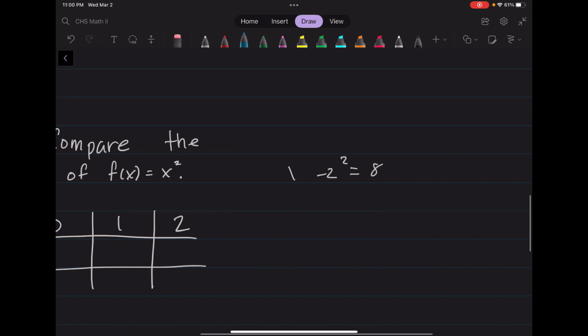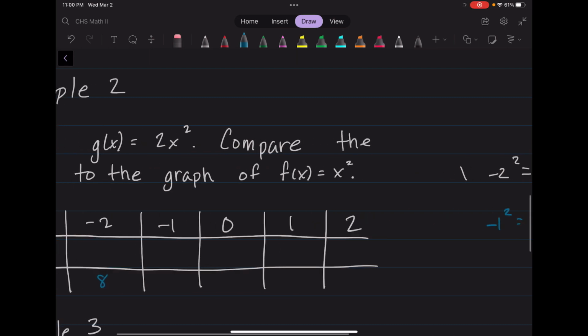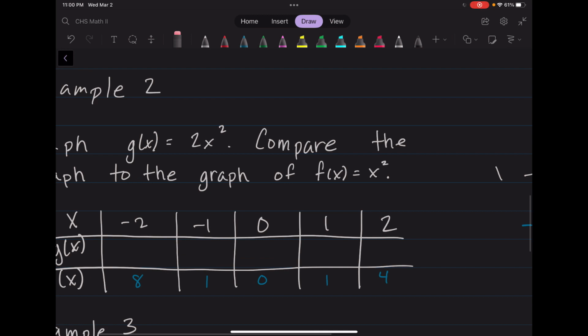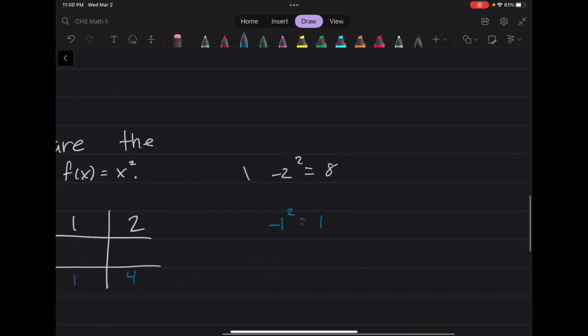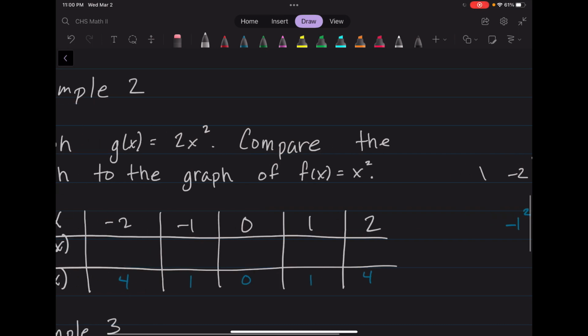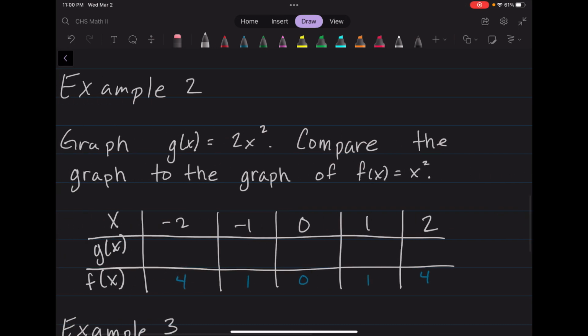And again, -1 squared would be -1 times -1, which would be a +1. 0 squared is going to be 0. 1 squared is 1. And 2 squared is 4. So I actually made a mistake. I meant to say 4, not 8. I don't know where I got this number from. So let's go ahead and fix that really quick. Oh, I was thinking of the next one, that's why.